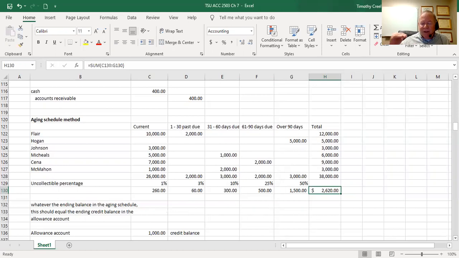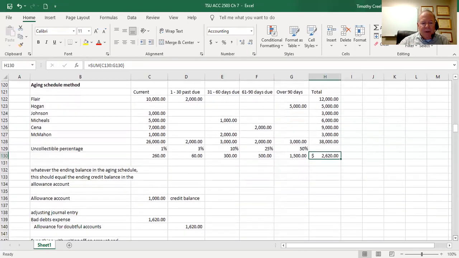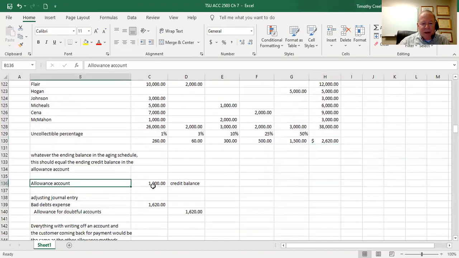It's whatever it takes to get the current balance to equal the balance that the aging schedule has put forth to us as what we feel like is uncollectible. So if the allowance account had a $1,000 credit balance, then our adjusting journal entry would be a debit to bad debts expense for $1,620 and a credit to the allowance for doubtful accounts of $1,620.